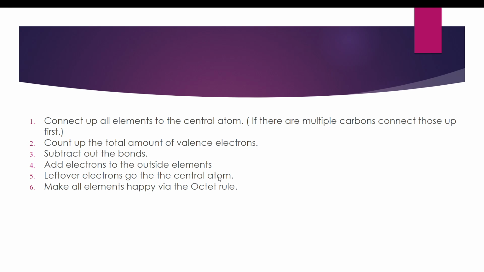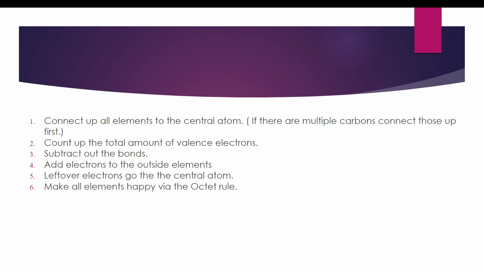These right here are going to be the rules that we're going to have, in general. The first thing we're going to do is connect up all the elements to the central atom. We're just going to automatically connect them up to the central atom with bonds.